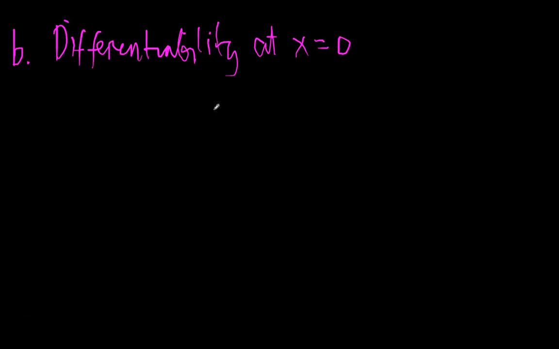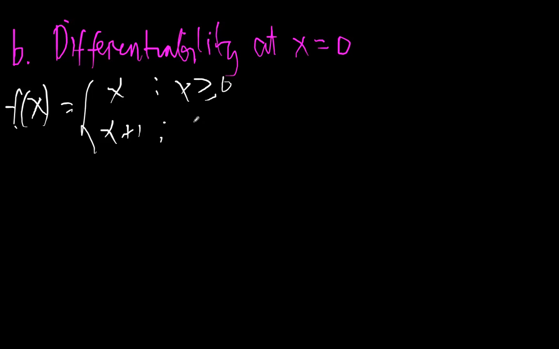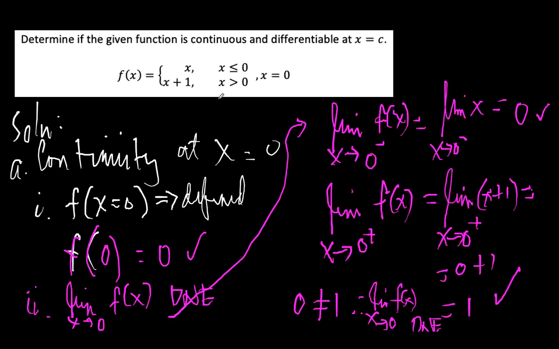Okay, let's use y here. So we have, again, our function, just to review, f of x is equal to the piecewise function x and x plus 1. And here x is greater than or equal to 0 and x is less than 0. If I'm not mistaken, let's check.